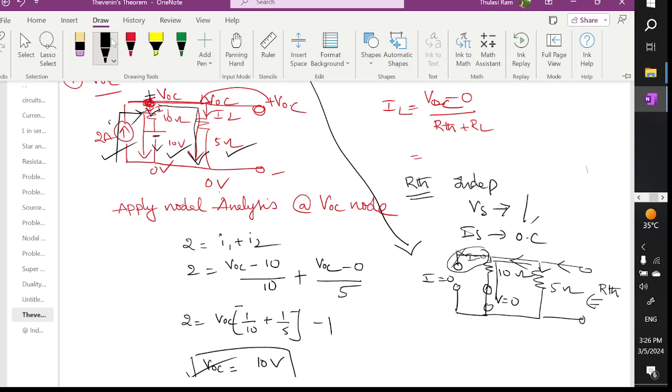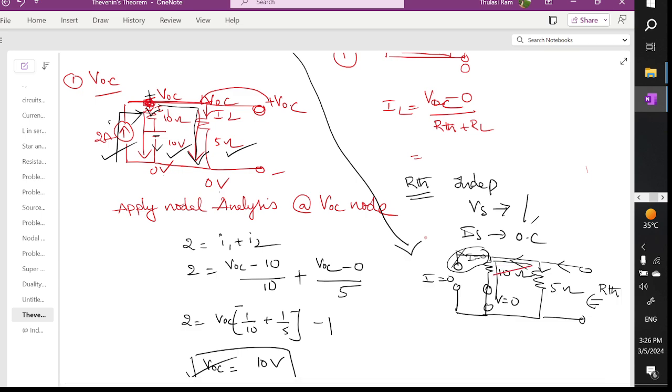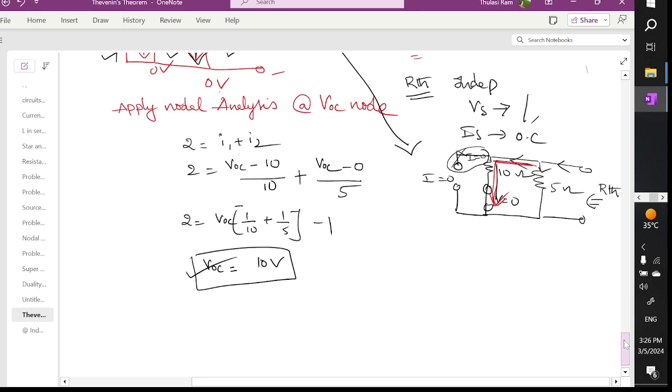So how does the current flow? The current will start flowing into this node and it will get diverted here. You can see here these two are connected in series. Now when you consider these two branches, here the current doesn't divide and it directly flows, and this is one resistor and this is another resistor.